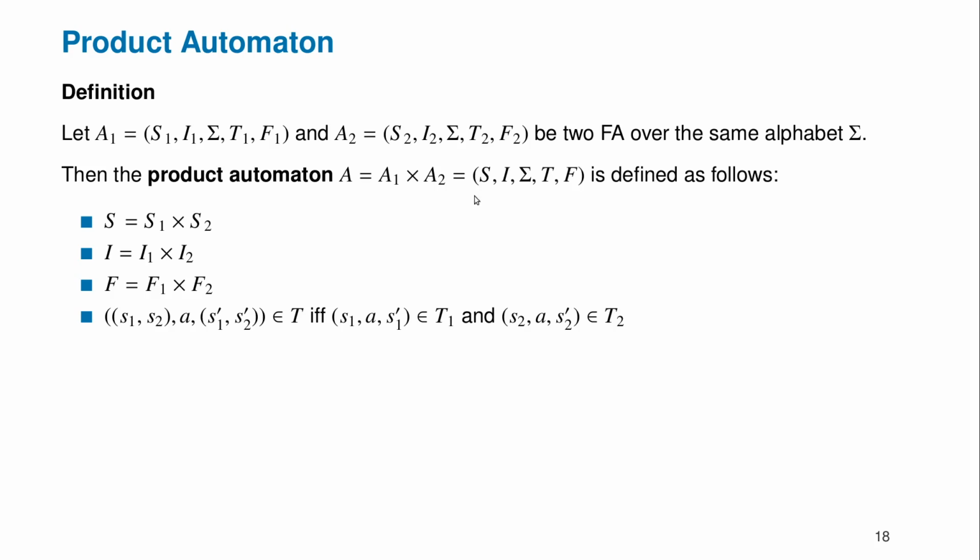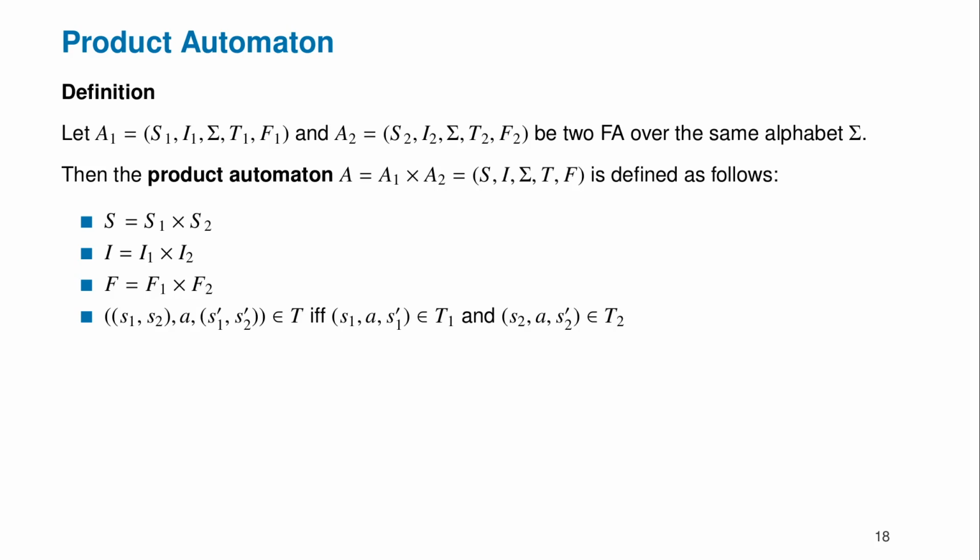The states of the product automaton are simply a pair where the first component is a state of the first automaton and the second component is a state of the second automaton. Then the initial states are also the cross product of the initial states of the two automata. Same with the final states. So we have a pair of two final states.